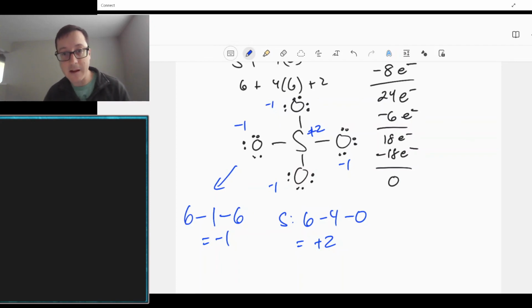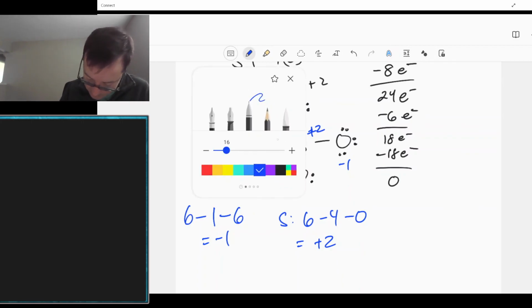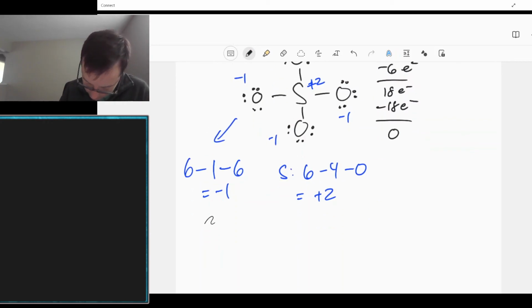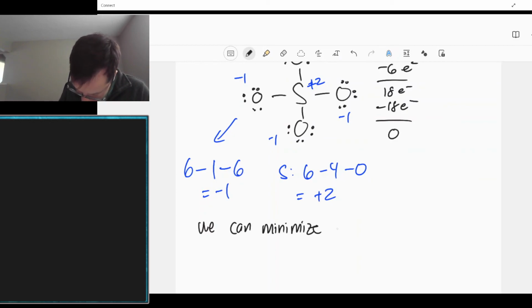And so to minimize that, we need to combine some things. So to minimize the formal charges, we can minimize by making double bonds.